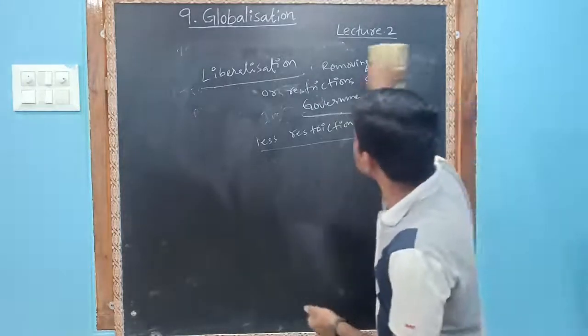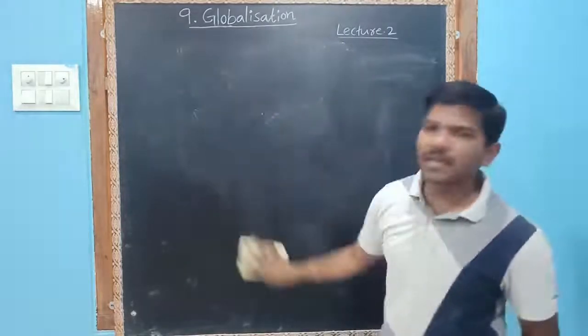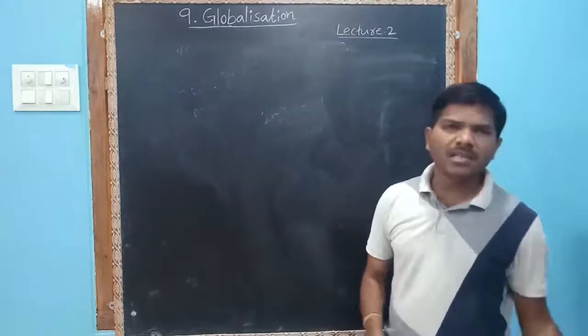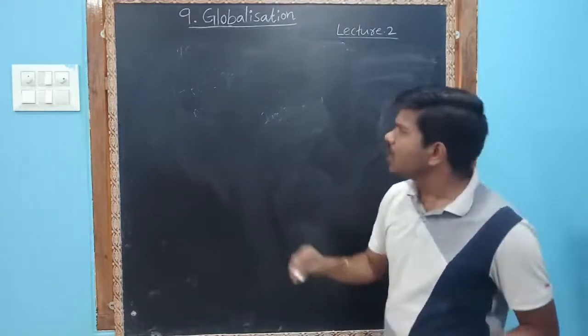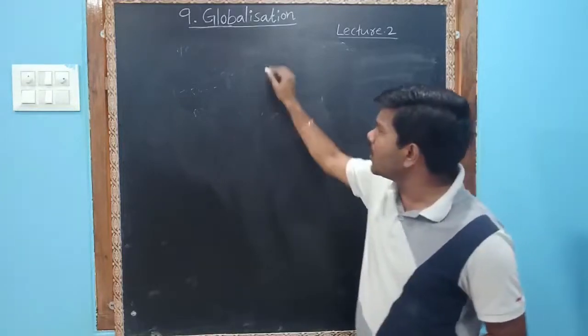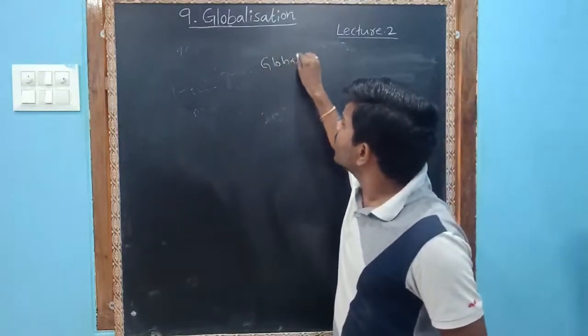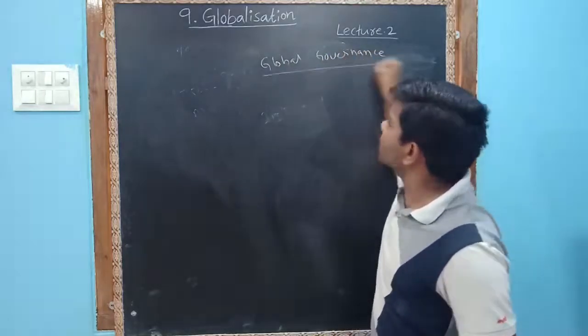Okay. Next, let us see certain international organizations. What are international organizations? International institutions of global governance, or global governance institutes.